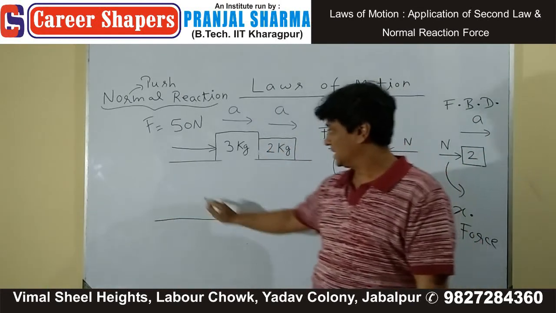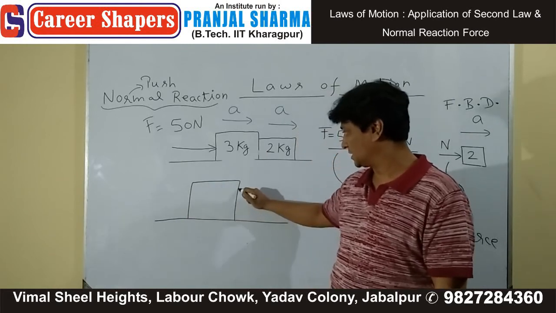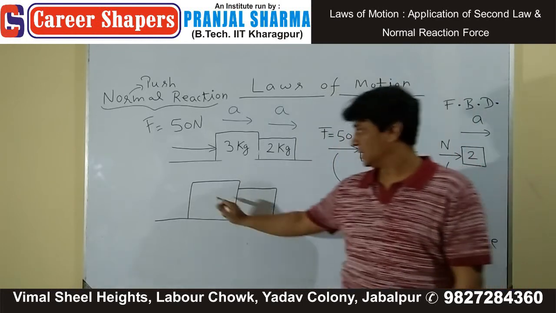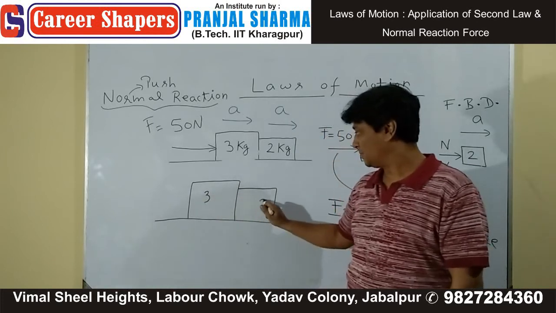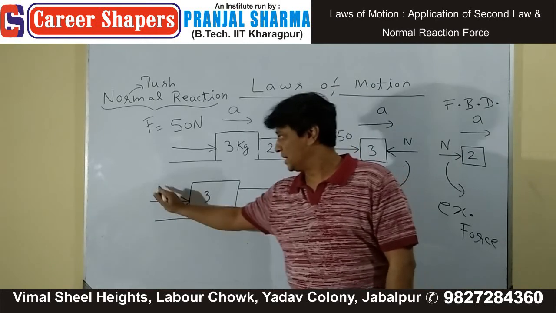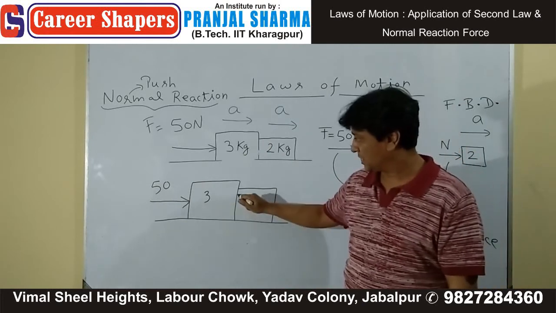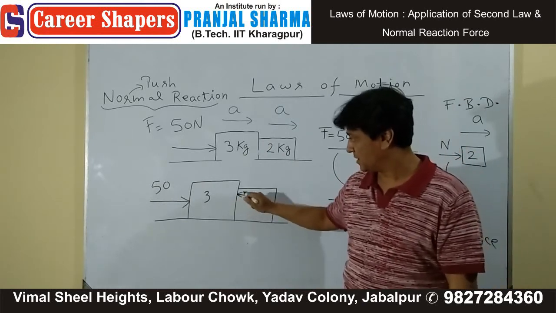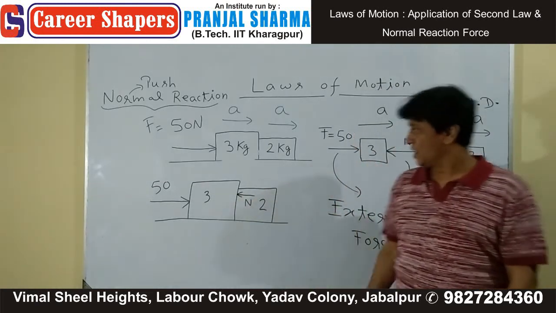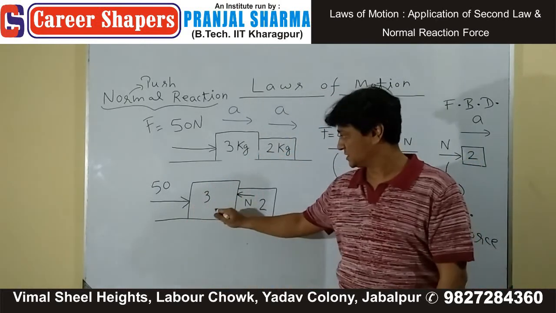अगर आपसे इस 3 और 2 को एक साथ ड्रॉ करने के लिए बोला जाता, पे अटेंशन, 3 and 2 अगर आपने इनको एक साथ ड्रॉ किया होता तो यहां से आ रहा है 50 एंड इस 3 पर इस तरफ से लगा था n. दिस n इज कमिंग फ्रॉम 2 और इस 2 पर इधर n लग रहा है इस तरफ.